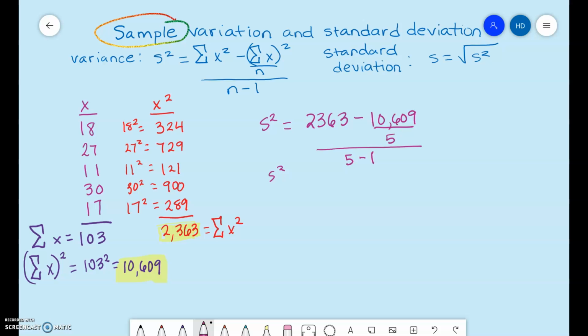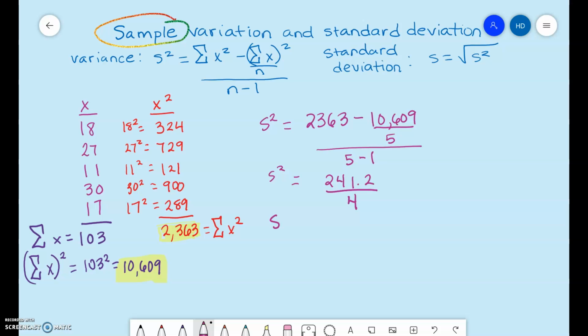You can put all that in your calculator at once if you have something like a TI-83, or you can try it piece by piece and still get it. Or you can use Excel. You should get 241.2 and divide that by, I think any scientific calculator will do it, 5 minus 1, which is 4.